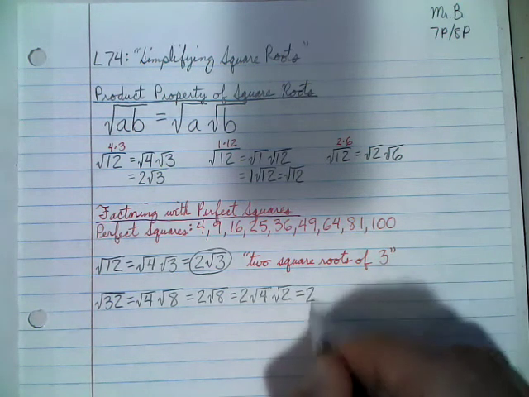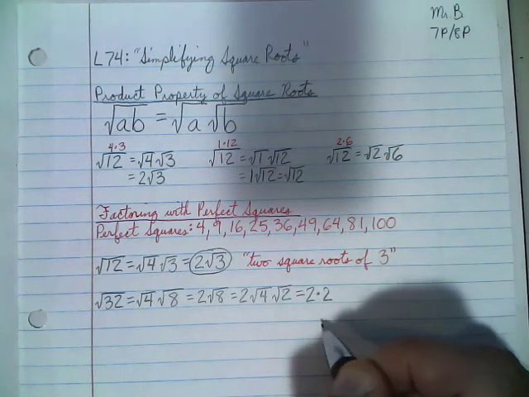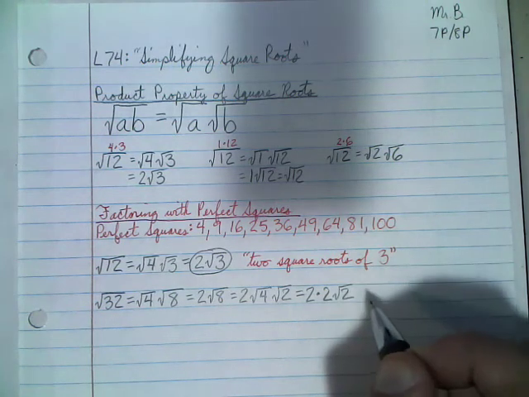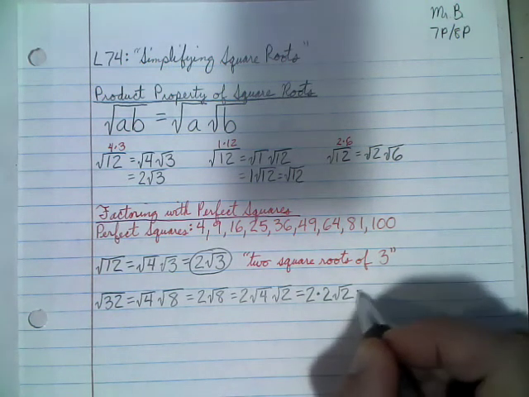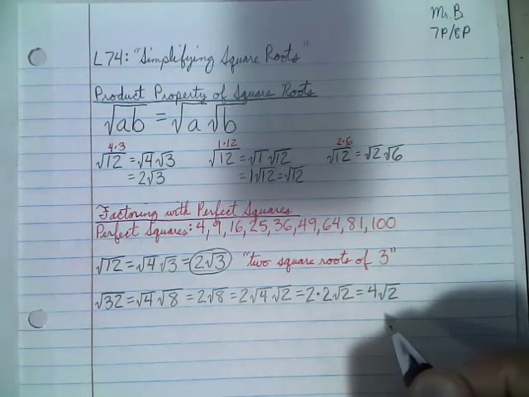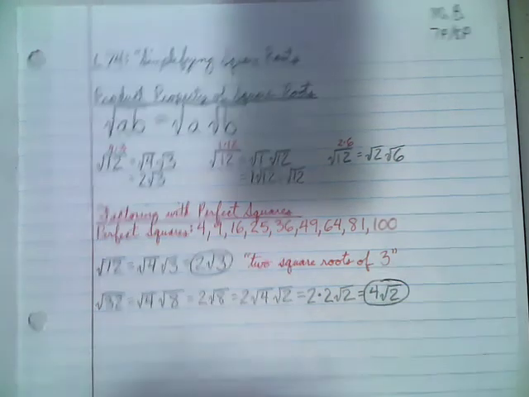There's my 2 out front, times square root of 4 is going to give me another 2. And then this guy is irrational, so just leave him. Finish it off. 2 times 2 is 4. And then there's no way that I can simplify a square root of 2 more, which means that 4 square roots of 2 is my answer.